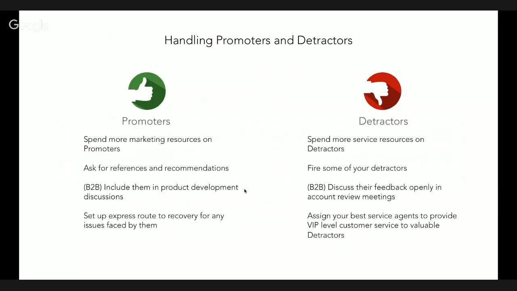Although the promoter might be forgiving and would overlook small slip-ups, if it repeatedly keeps happening, then I can assure you that the promoter will not take long to convert into a detractor, and that is not a good position to be in. So always set up an express route to recovery. If there is a promoter raising a concern, that is where most of your people should be focused.